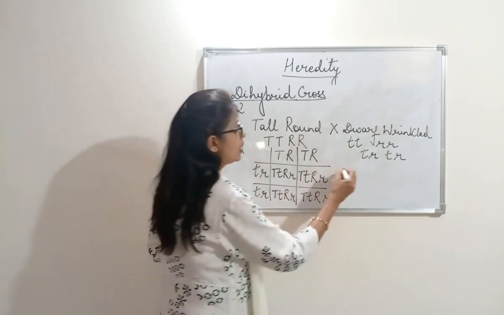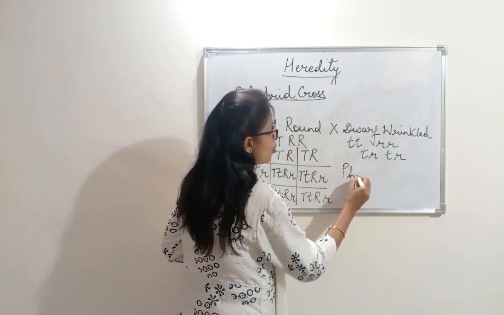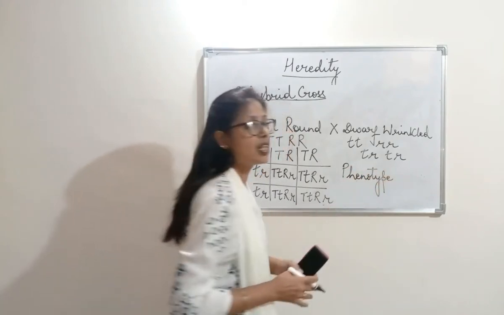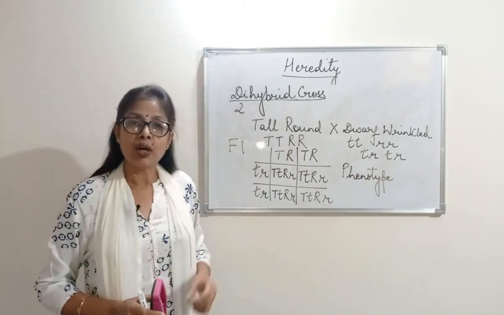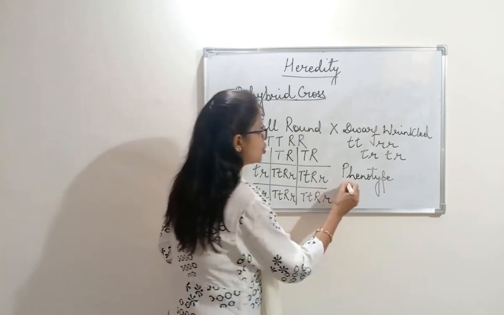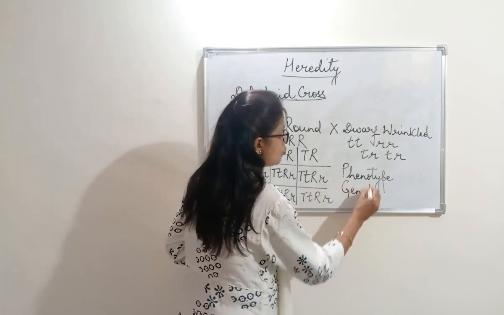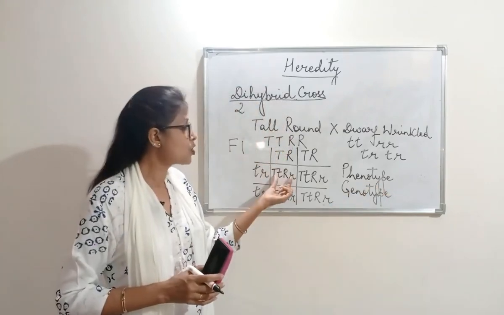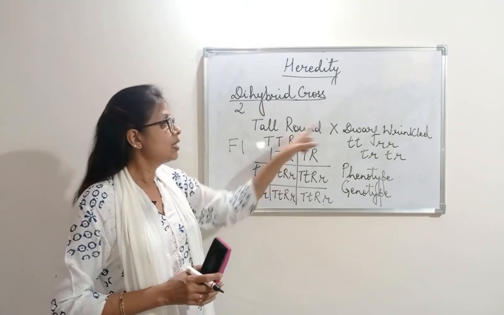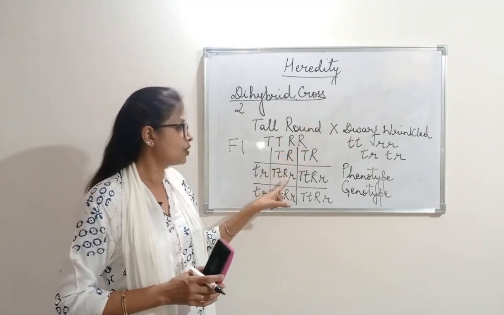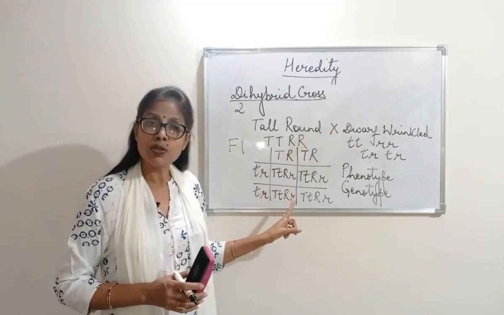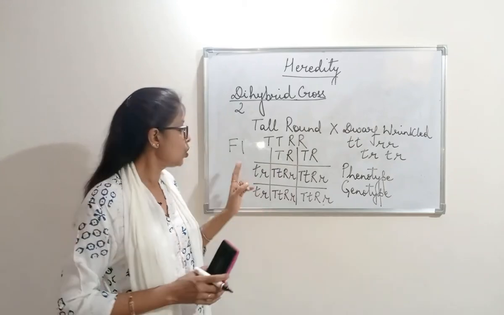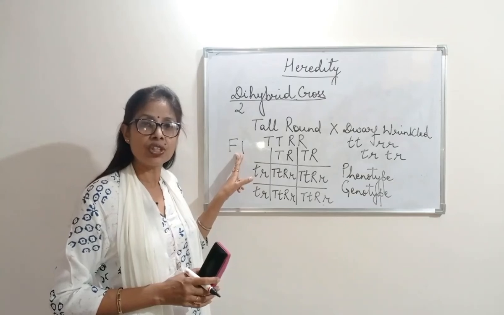As I said, the law of dominance showed that phenotype all were tall and round. But the genotype, where gene was involved, showed that the offspring did carry the trait of the recessive parent also, but it was not expressed. But this happened only in F1 generation.